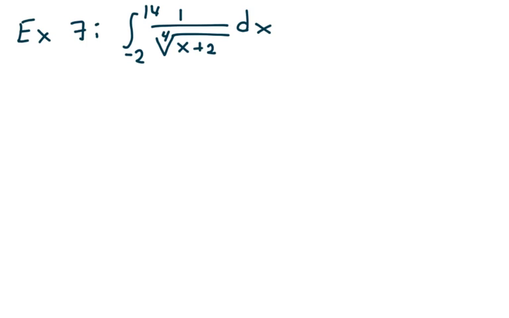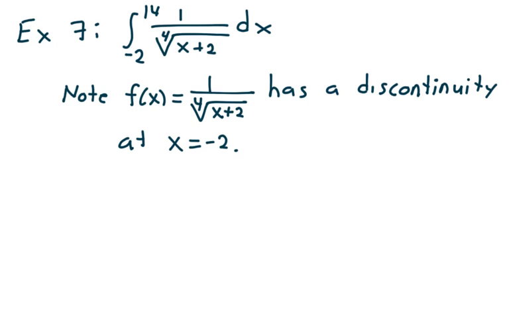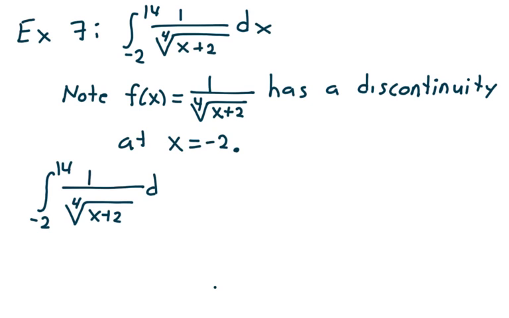So I want you to notice something. f of x, which is equal to 1 over the 4th root of x plus 2, has a discontinuity at x equal negative 2. So I'm going to take the integral from negative 2 to 14 of 1 over the 4th root of x plus 2 dx.